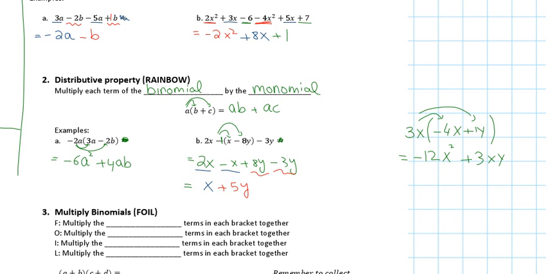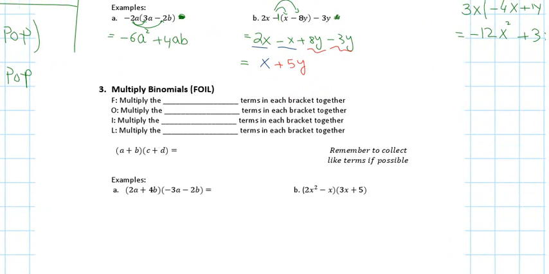Okay, so you have to be careful of what the operation is, what is happening. So this is the simple one, if I have a monomial multiplied by a binomial. Okay, what if I have a binomial multiplied by a binomial? So what if I have two terms multiplied by two terms?